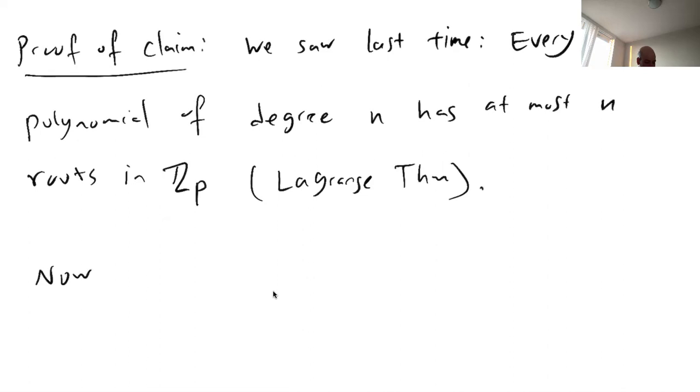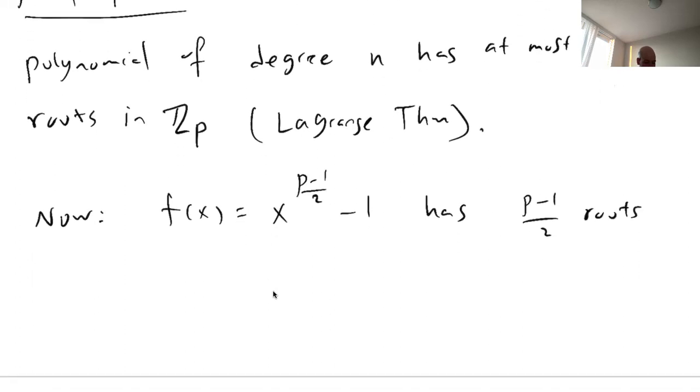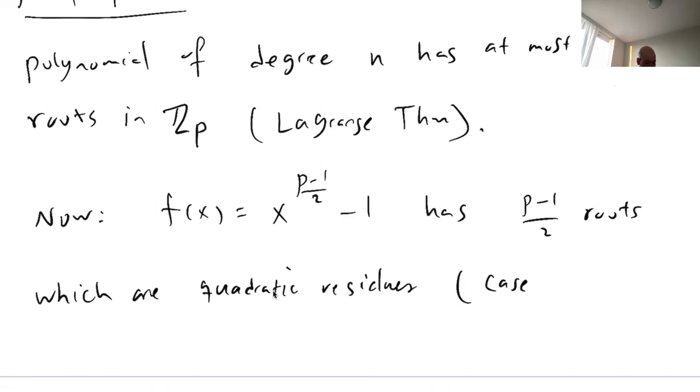Now, let's say f of x equals x to power (p minus 1) over 2 minus 1 has (p minus 1) over 2 roots which are quadratic residues, which is what we showed in case 1.